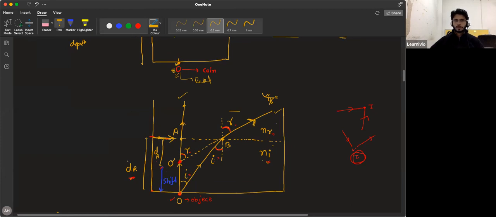We have to derive a relation between d_A, n_i and n_r, d_R, n_i and n_r. So it's simple geometry. Just use two right angle triangles and that's it.